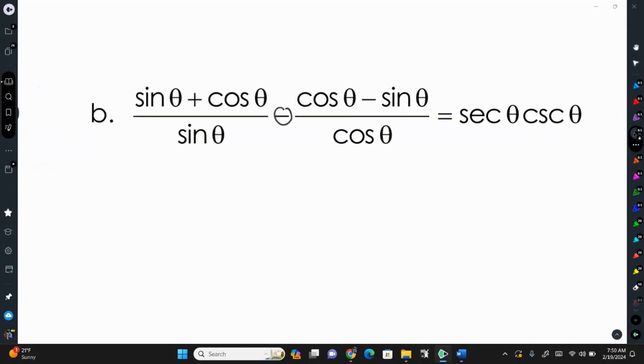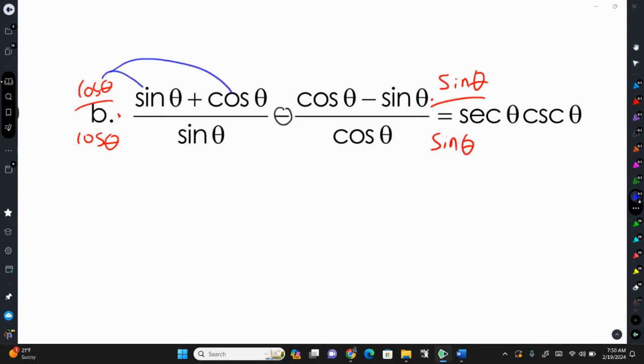Well, if I know that I'm trying to get secant and cosecant, which is 1 over cosine times 1 over sine, if I multiply the first one by cosine over cosine and the second one by sine over sine, my denominator has the cosine and sine that I'm looking for to get my final answer of secant and cosecant. So we distribute the numerator.